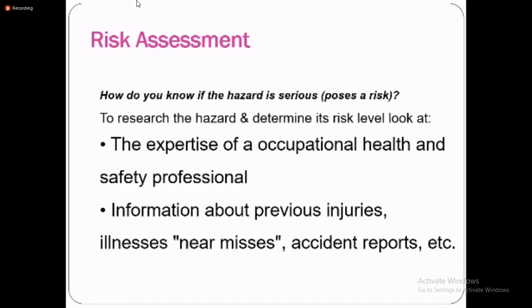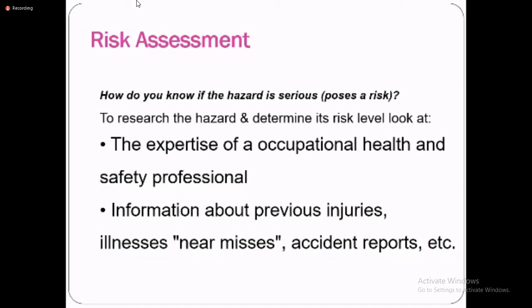But if you go to the previous incidents, maybe 3 years or 4 years before, one of your employees may have had a nasty experience where their fingers were cut due to contact with that.